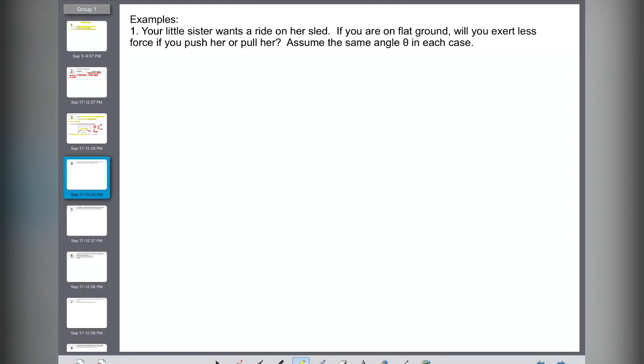Okay, your little sister wants to ride on a sled. If you're on the flat ground, will you exert less force if you push or pull her, assuming the same angle in each case? So they're saying, if I have a girl and you are pulling or pushing.